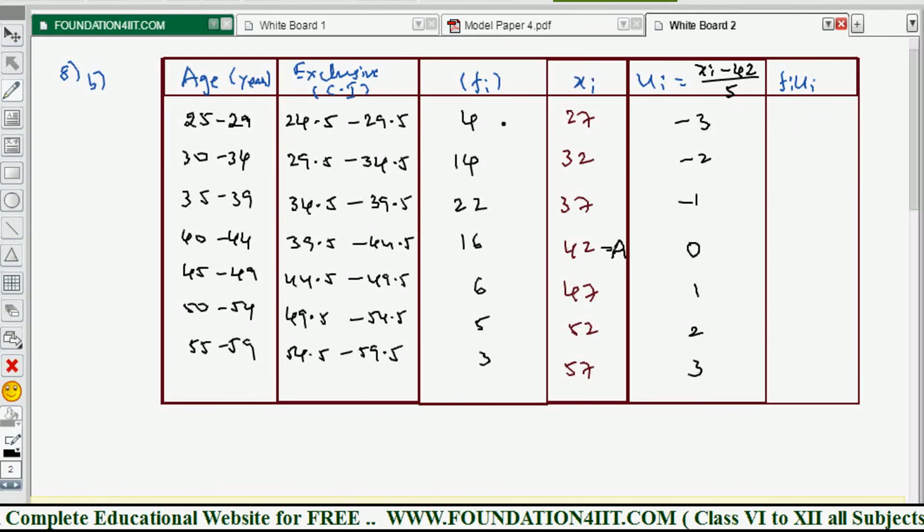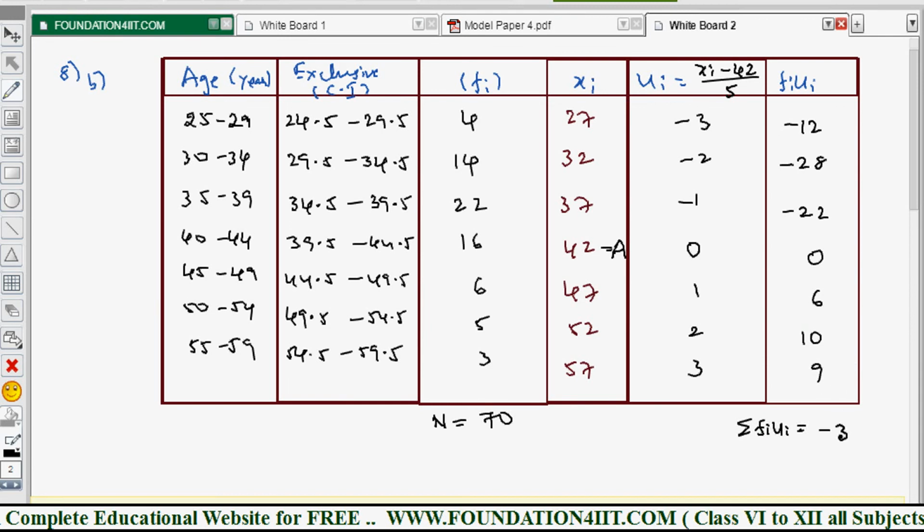Now fi ui: 4 into minus 3 is minus 12, just multiply, minus 28, minus 22, 0, 6, 10 and 9. Now the n value: n is the sum of the frequencies, that is 70, and sigma fi ui, you just add the positive numbers, the negative numbers and subtract.